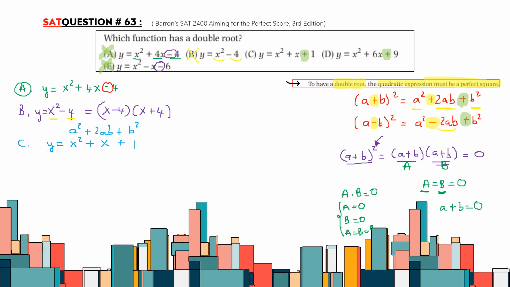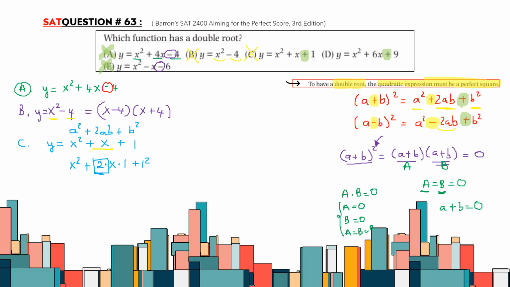So x squared is a squared, plus 2 times x times 1, plus 1 squared. But here you don't have that 2, you only have 1x, right? So C is not a perfect square, so we're not choosing C.